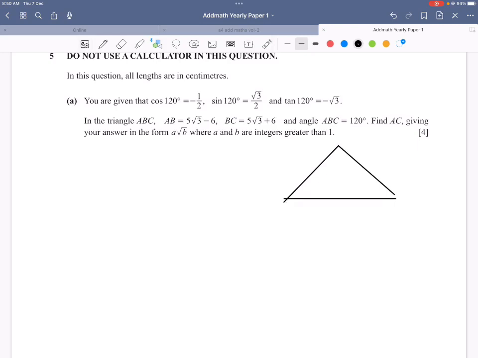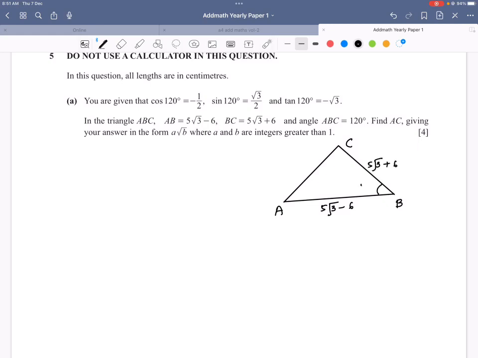In triangle ABC, AB is 5 root 3 minus 6, BC is 5 root 3 plus 6.